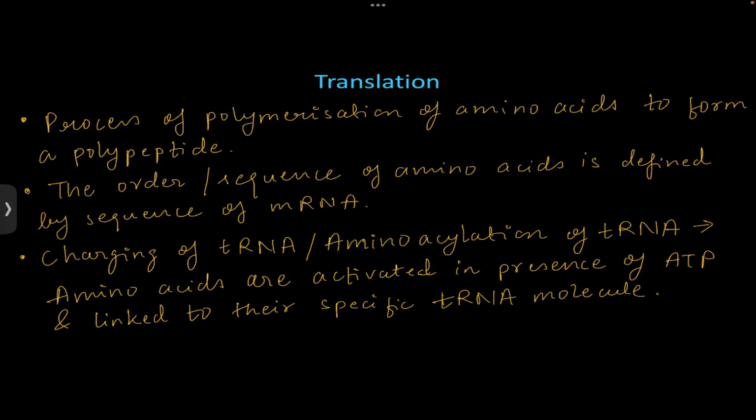Translation is basically a process of polymerization of amino acids to form a polypeptide chain. The polypeptide chain is formed because information in the mRNA gets translated. The sequence of the amino acids in the polypeptide chain follows the sequence in the mRNA.